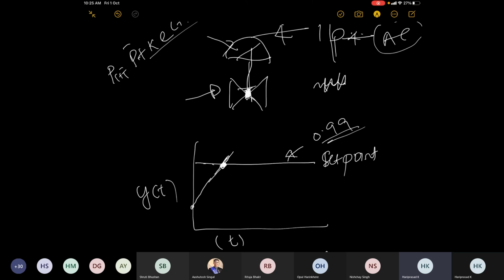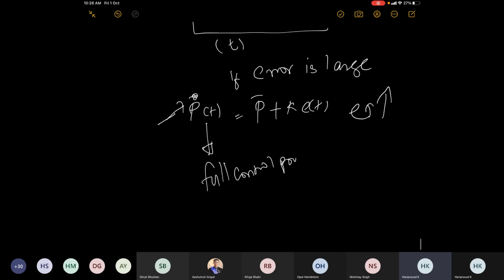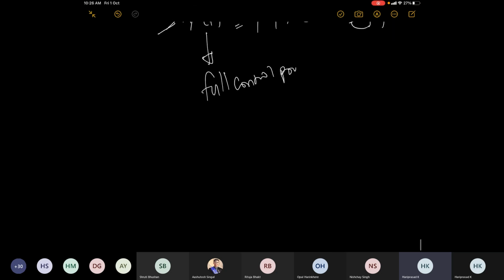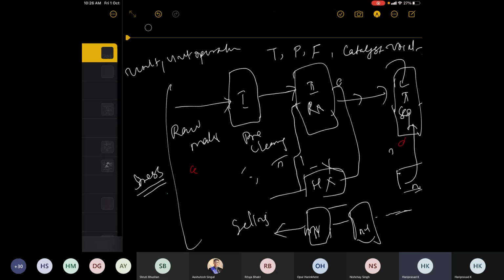So see, this is the valve plug, and this is how a valve is placed in a line. So let's say this is the line pipe. This is the valve plug. Then there is a stem, and eventually this is your valve, right? This is the way it works.